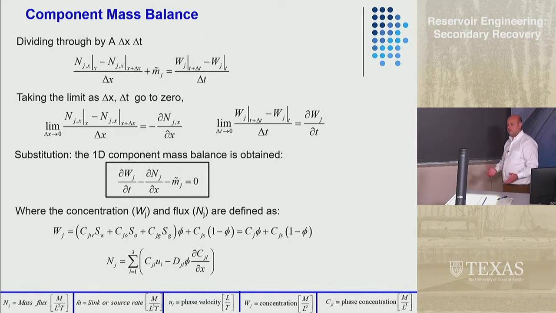But dispersion is much bigger, and it has to do with mixing that occurs. And because of mixing, if I dump all that salt in at time 0 and I wait 1 day, on average, it'll go 1 foot, but some of the salt will go further and some of the salt will go less far. And so you've got some mixing, some spreading phenomena. And so that's what this dispersive flux is.